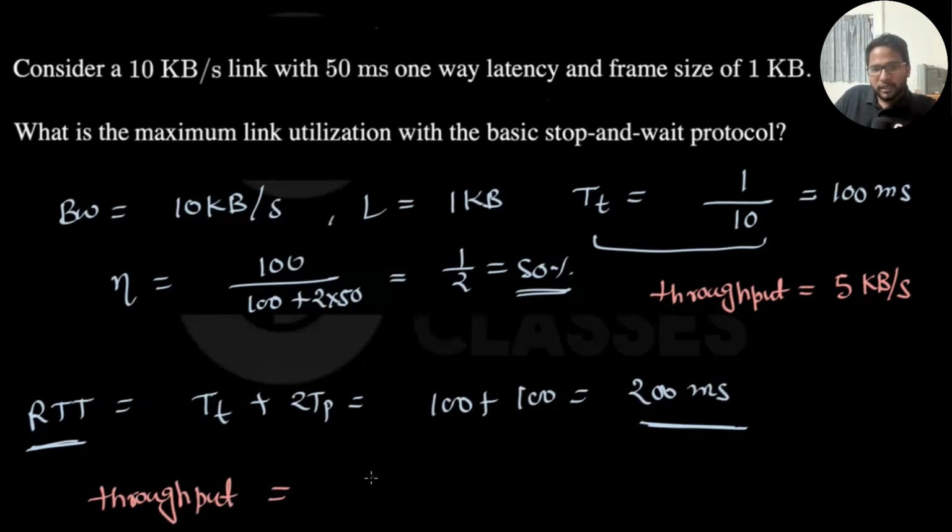So in 200 millisecond, you are sending 1 KB. Or if you want to convert to seconds, 200 upon 1000, 1 by 5 seconds, or I can write 0.2 seconds.